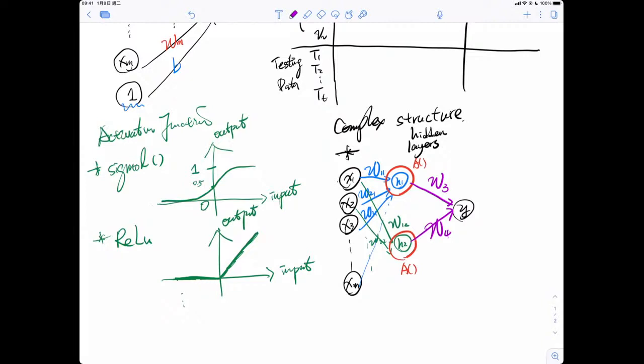So we believe such a very simple concept can create a very complex neural network structure. For example, you may have 100 layers, and in each layer another 100 neurons.